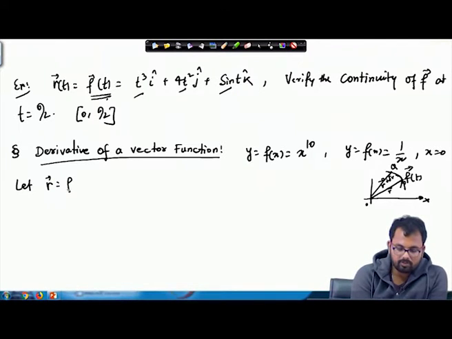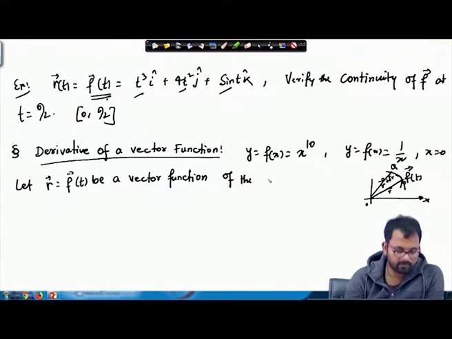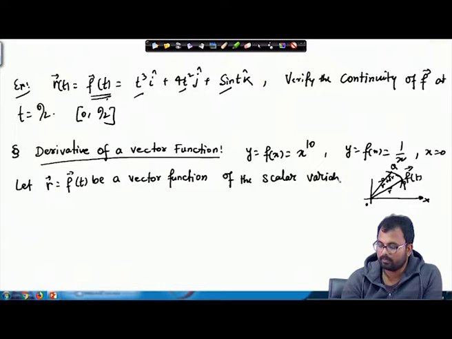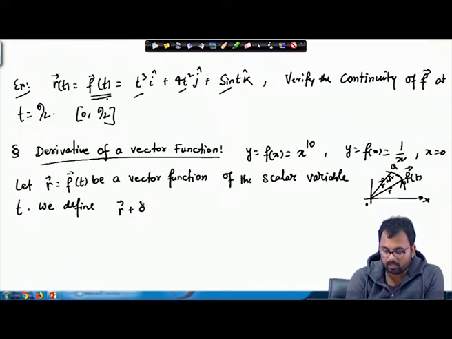So, let r equal f of t be a vector function of the scalar variable t, and we define r plus delta r, the point q, basically as f of t plus delta t.